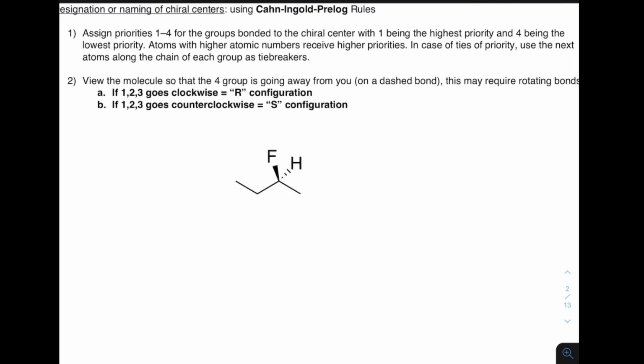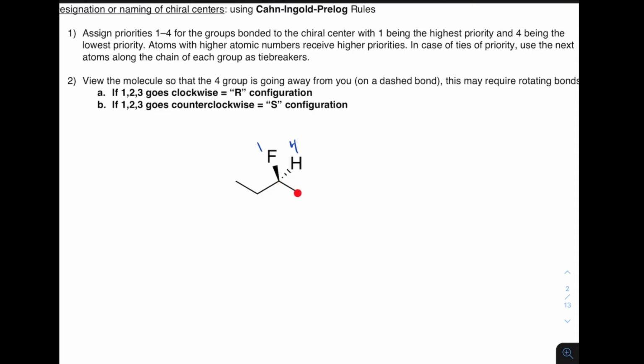Okay? So we have to go through and determine which is the highest priority. So looking at each of these, we have a fluorine, a carbon, and a hydrogen. So in terms of atomic number, fluorine is the highest priority group. And hydrogen, with an atomic number of 1, is our lowest priority. So now we have 2 carbons left.